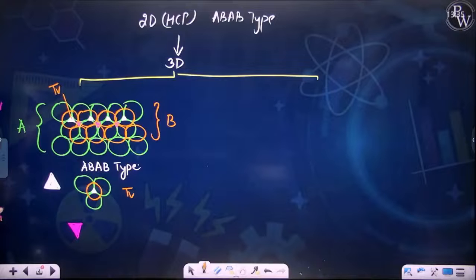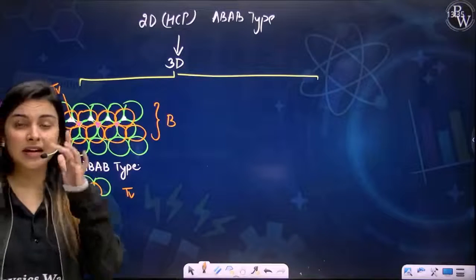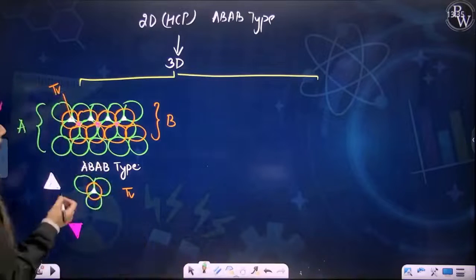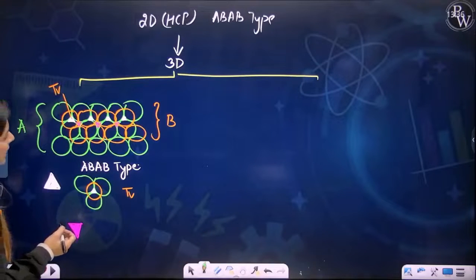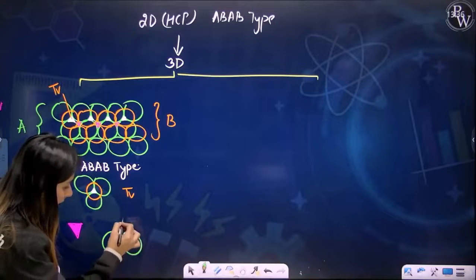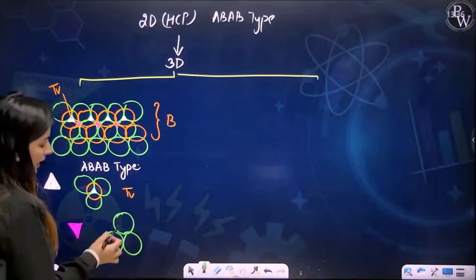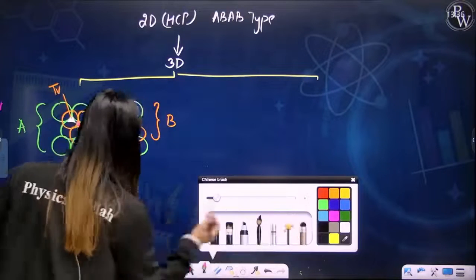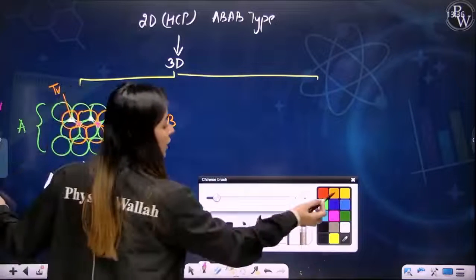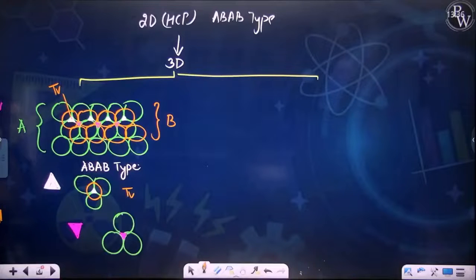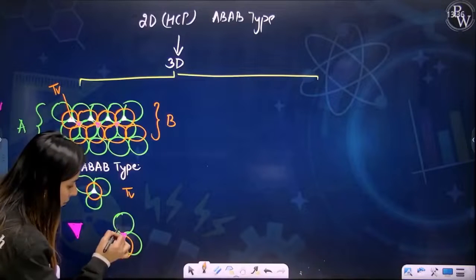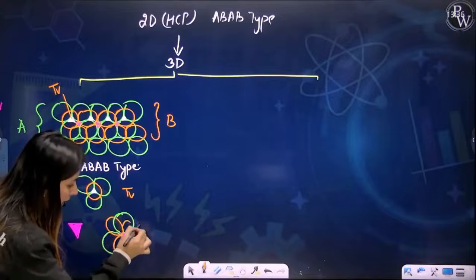Now let's try to imagine which void this pink type of void is. I had green colored atoms making a pink colored void. Can I say that I had 2 atoms here and 1 atom here? So this pink void is formed like this. Now if I talk about the second layer, made by the orange atoms, I had 1 atom here, 1 atom here, and 1 atom here.